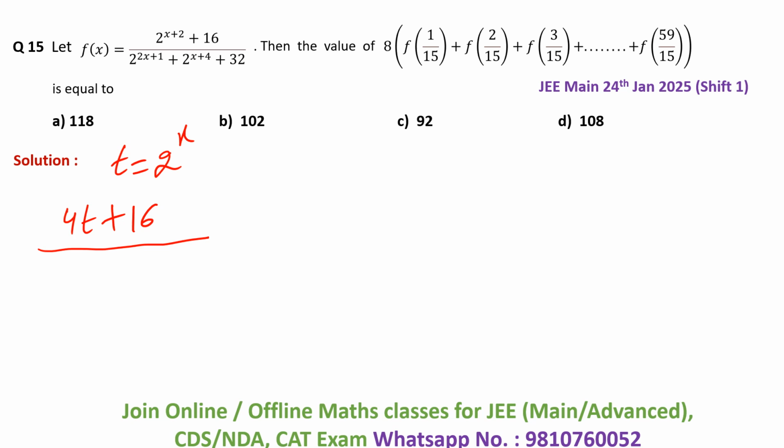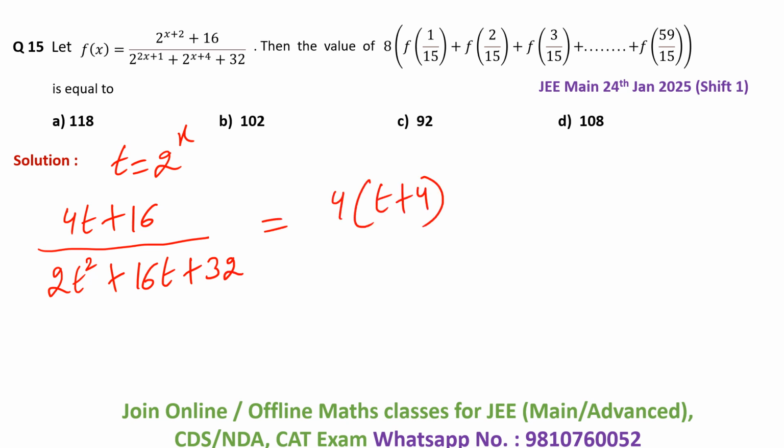And in the denominator, I will be getting 2t square plus 16t plus 32, right? Now take out 4 common from the numerator and in the denominator just take out 2 common. Inside the bracket you will be getting t square plus 8t plus 60.